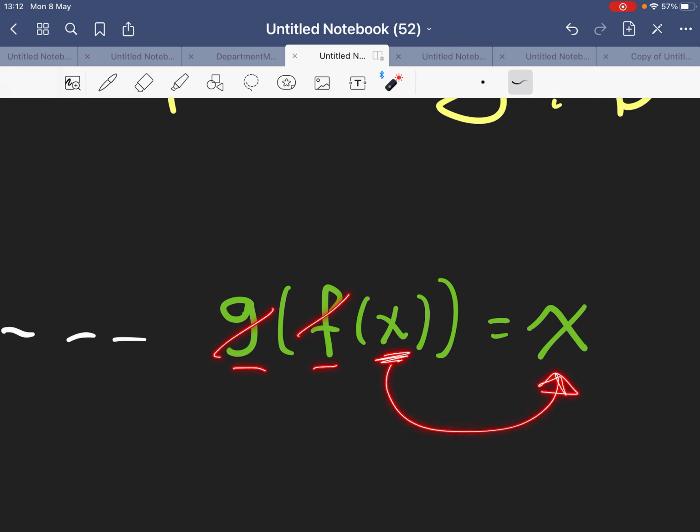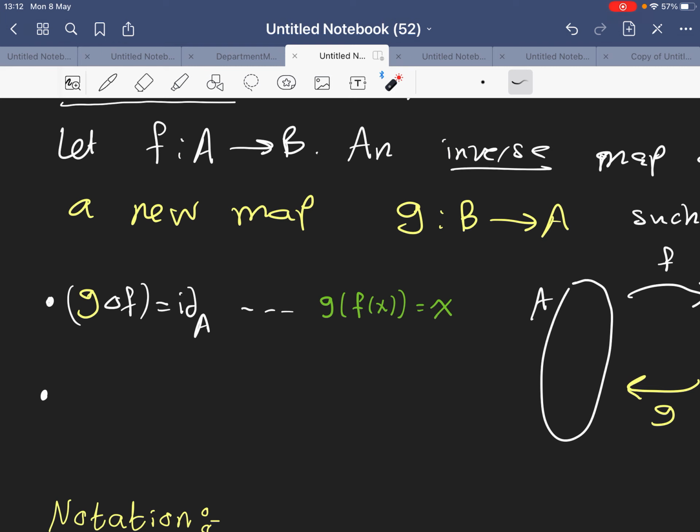You can see that only the input survives as it is. So if we go with f and we come back with g, we end exactly where we started.